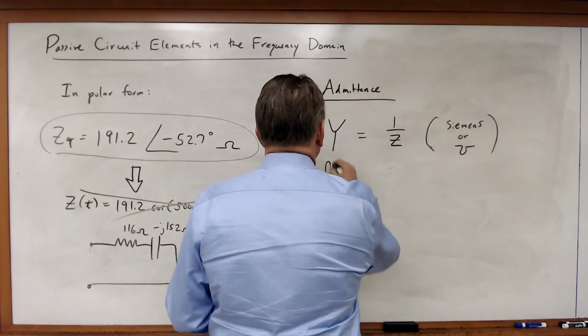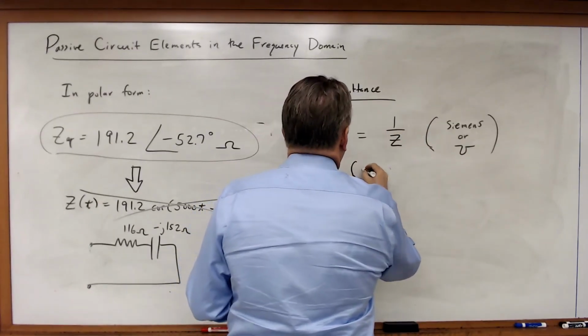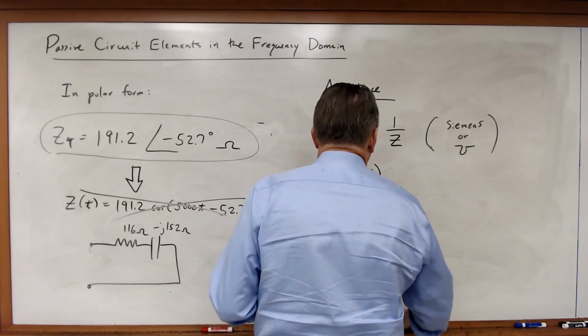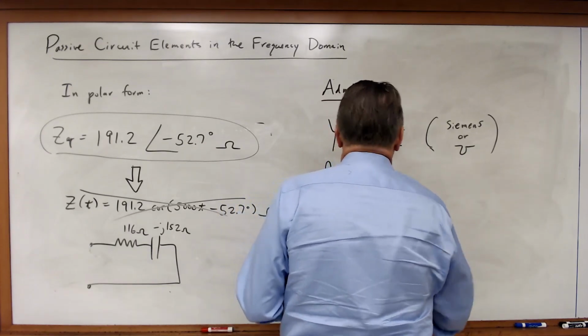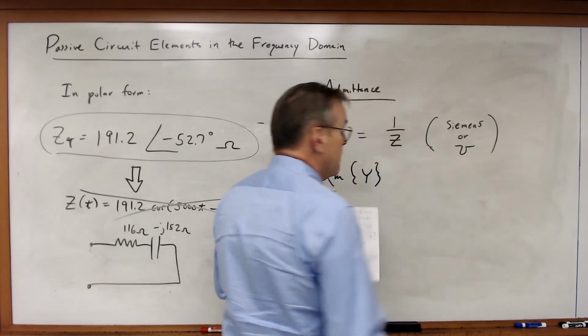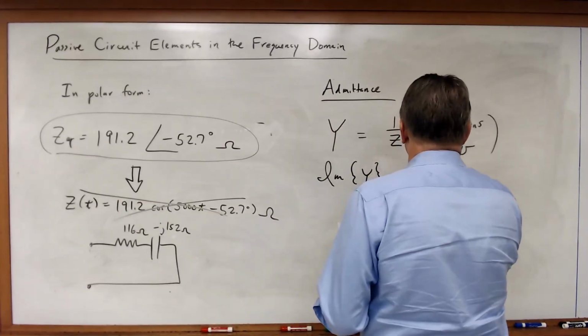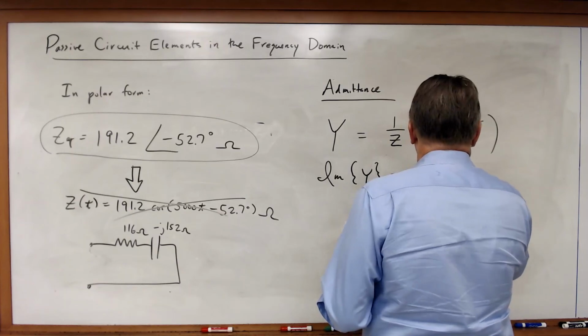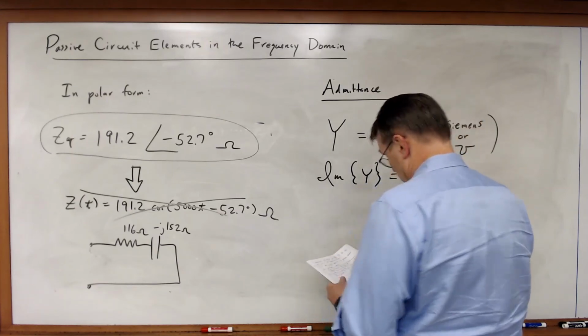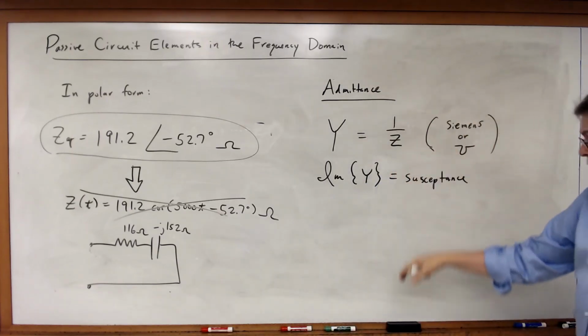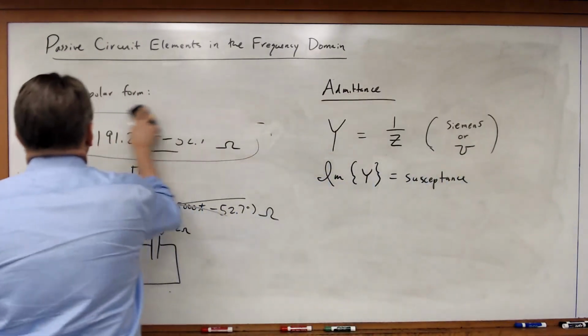The imaginary portion of admittance is called susceptance. So just as reactance is the imaginary portion of impedance, susceptance is the imaginary portion of admittance. And if I wanted to make another table, I could easily do that.